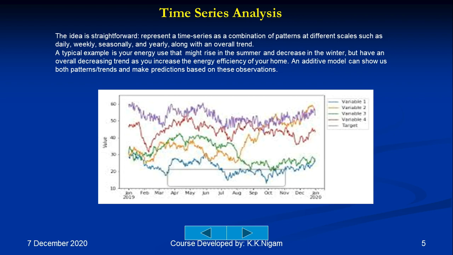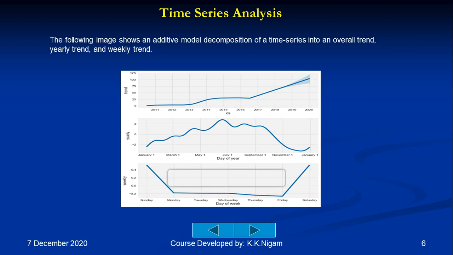An additive model can show us both patterns, trends, and make predictions based on these observations. The following image shows an additive model decomposition of a time series into an overall trend, yearly trend, and weekly trend.